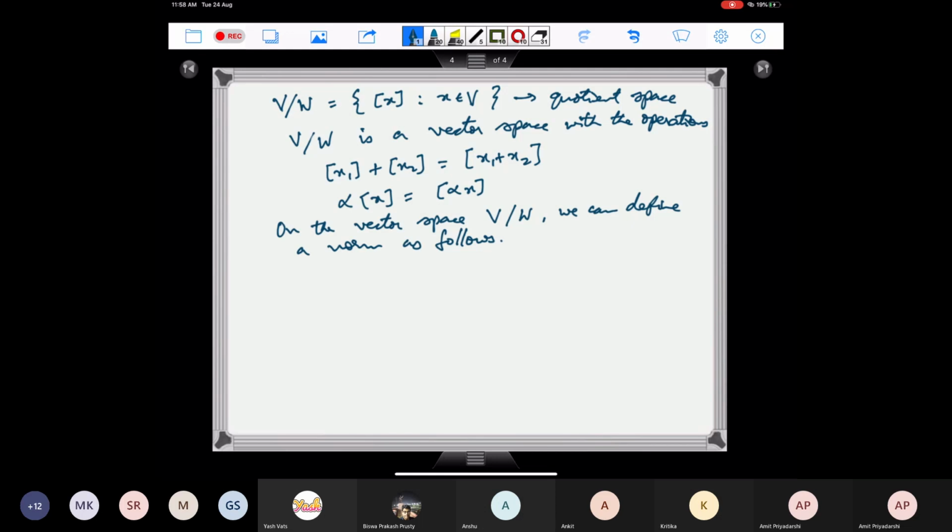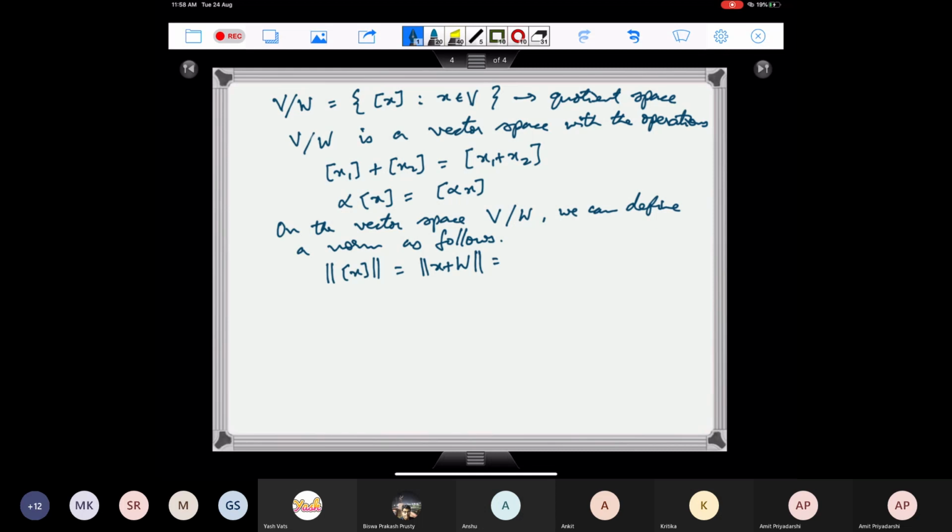If we have to define the norm of any vector in this space, any vector is of the form x plus W, so we write the norm of the coset x plus W. How do we define this?